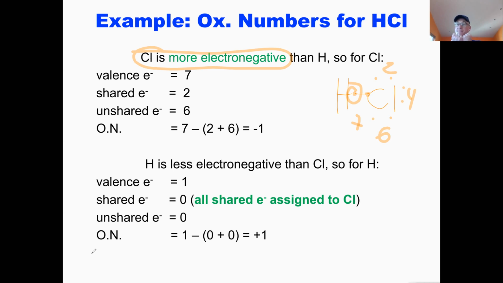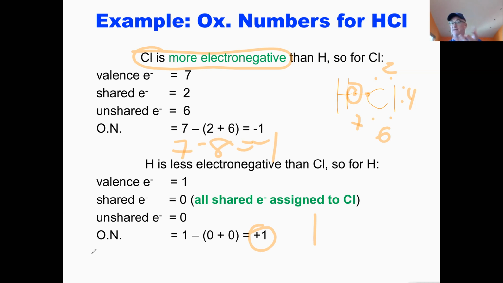It pulls that distribution of electrons, this sort of cloud of electrons, toward itself, so it basically gets to keep it. So it has 7, and we're giving it 8, so its oxidation number is -1. Hydrogen is less electronegative, so it has that 1 valence electron, and it doesn't get to keep it. So it becomes +1. All the electrons are given to chlorine, so hydrogen's +1, chlorine's -1.